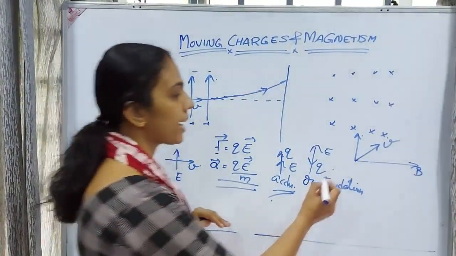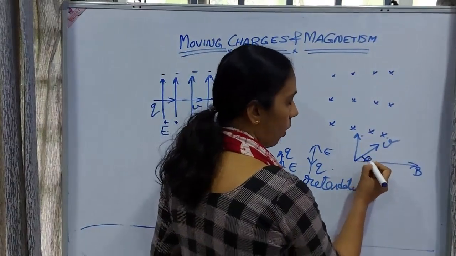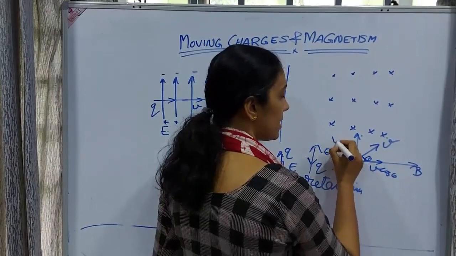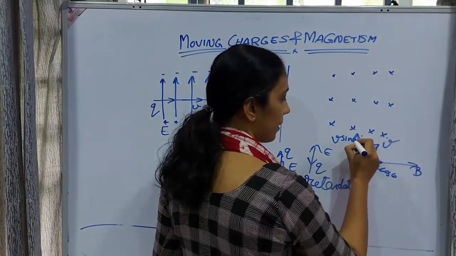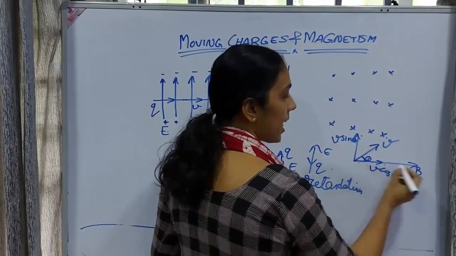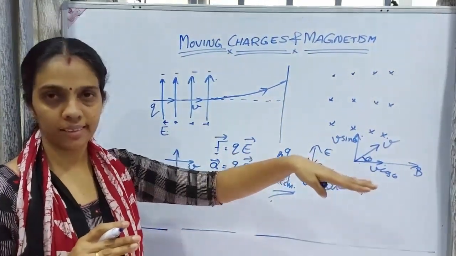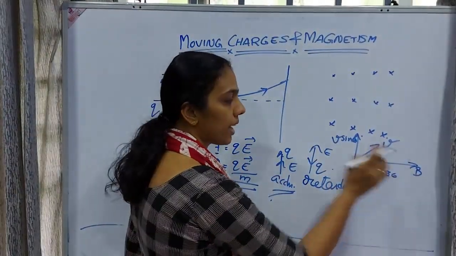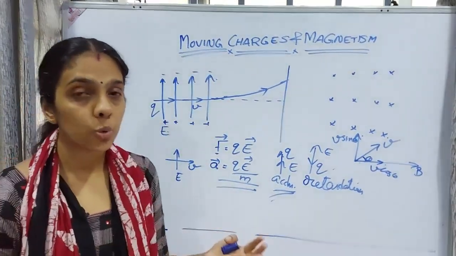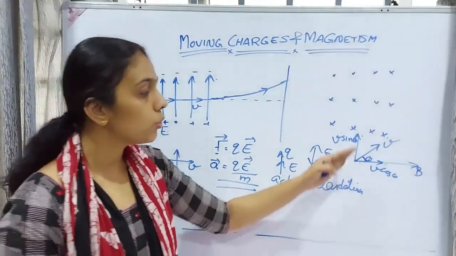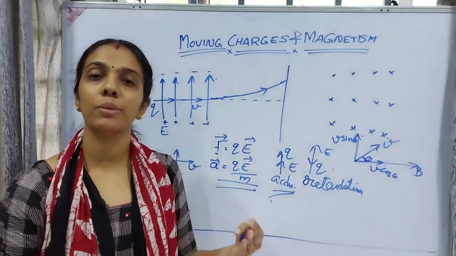It is making an angle theta with B. Obviously we can divide it into components, V cos theta and V sin theta. Here V cos theta and B are both acting in the same straight line. So the force acting on the particle due to V cos theta and B will be equal to 0.